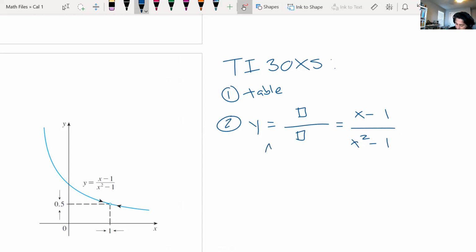So the N over D button gets you there. Okay. And then after you type that in, let me do it with you. x minus 1 over x squared minus 1.